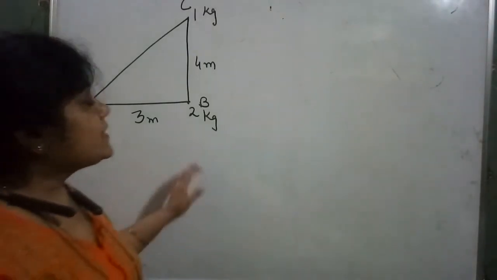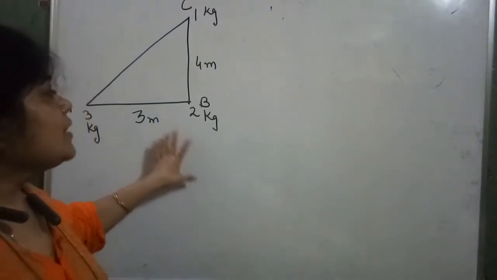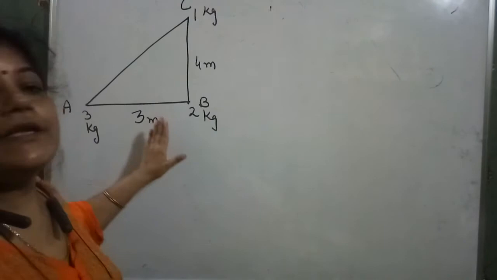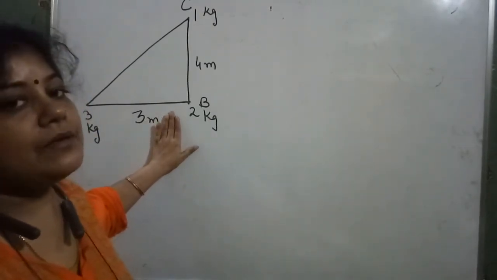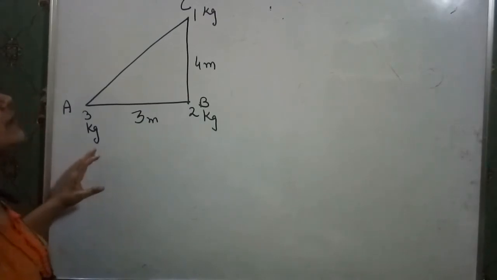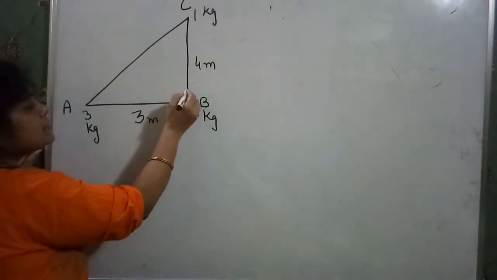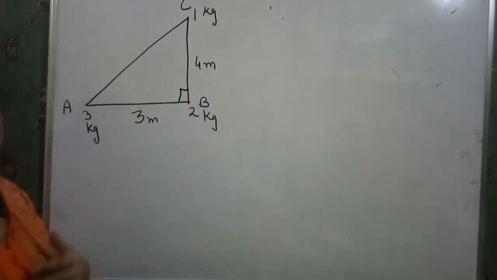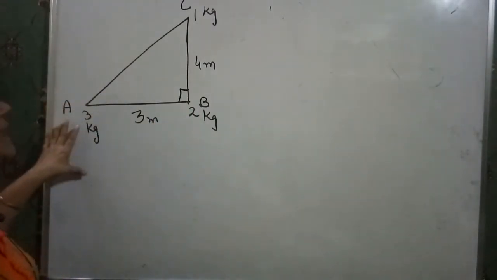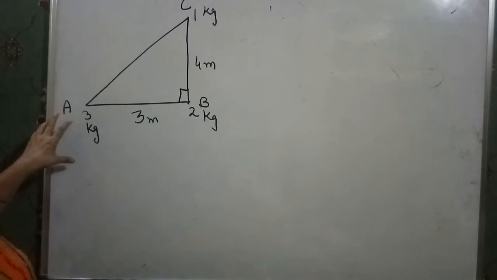The topic I explained earlier, I am going to explain more clearly by taking this example with numbers. Now see here, we have a triangle in this shape. It is a right triangle at B. Three masses are kept at three different positions.